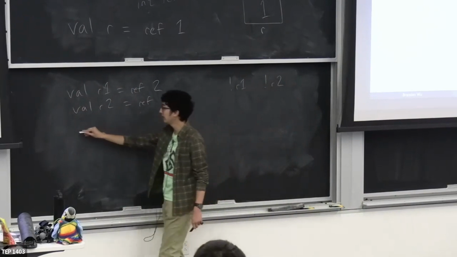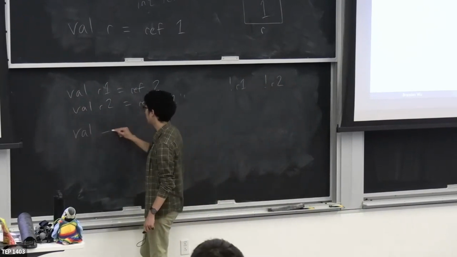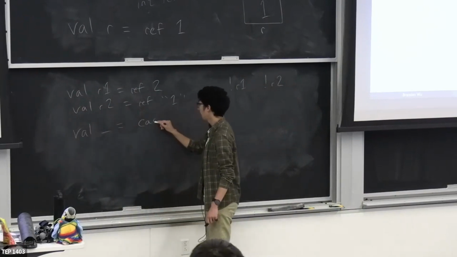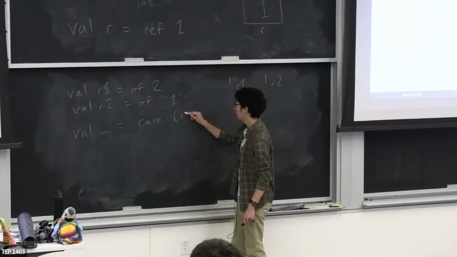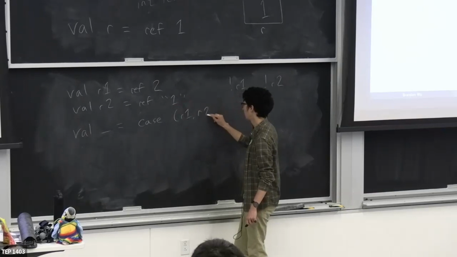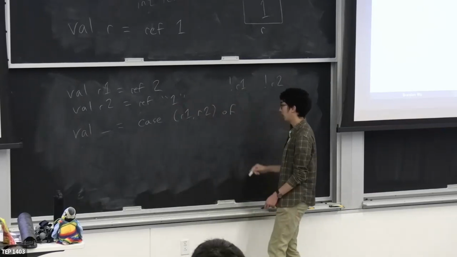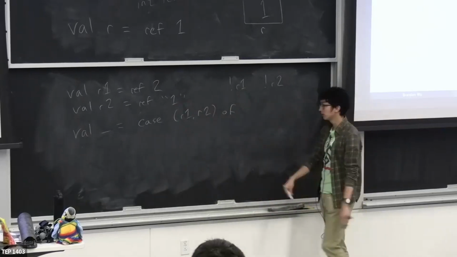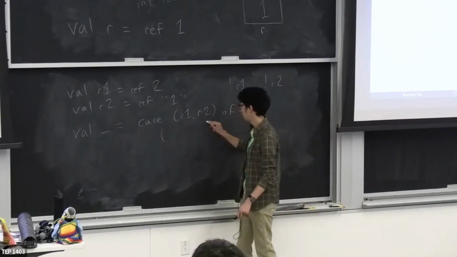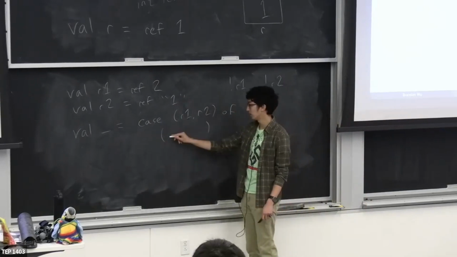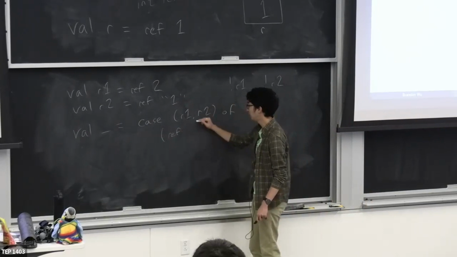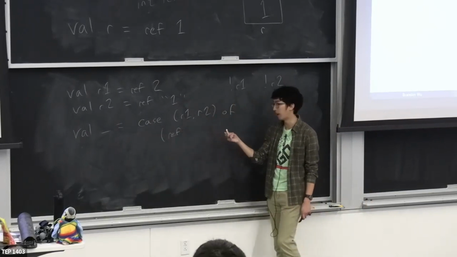But I could also case, and ref is actually going to be a constructor. That means I can case the tuple of R1 comma R2 of, taking a tuple pattern. What I'm going to put in is ref of whatever value I expect to see inside, whatever value I want to pattern match against.